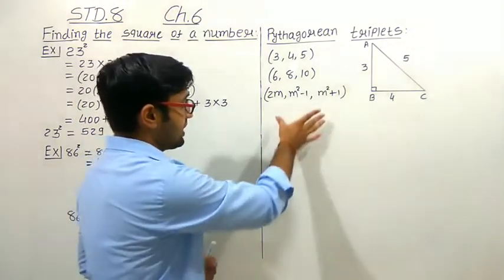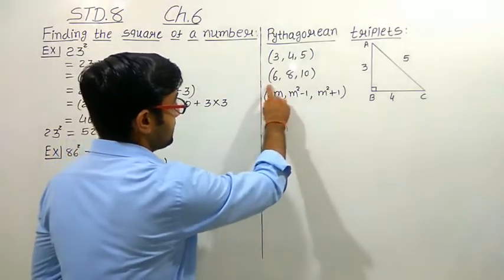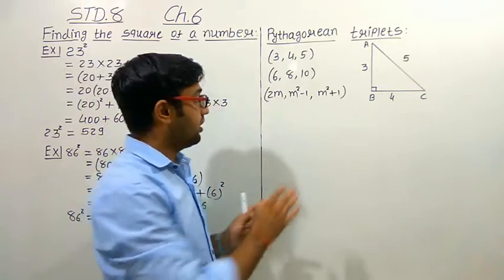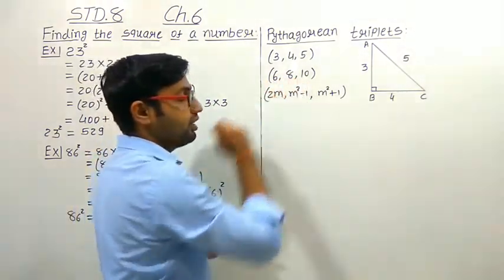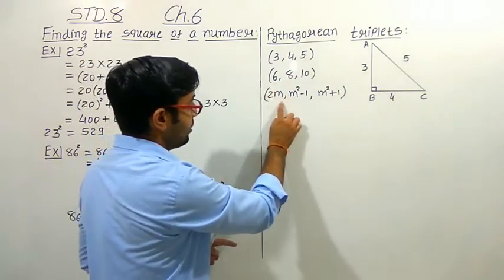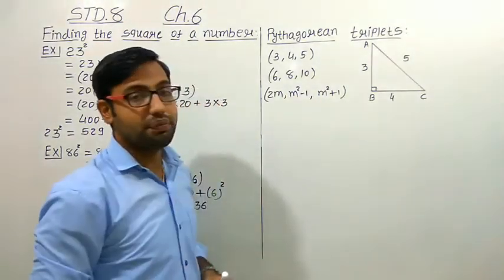Okay, now let us understand how we can use this Pythagorean triplet. Suppose we are considering this Pythagorean triplet. Out of these three numbers, suppose we are given only 6. We have to find the other two numbers. So we can compare this 6 with either 2m, m square minus 1, or m square plus 1.